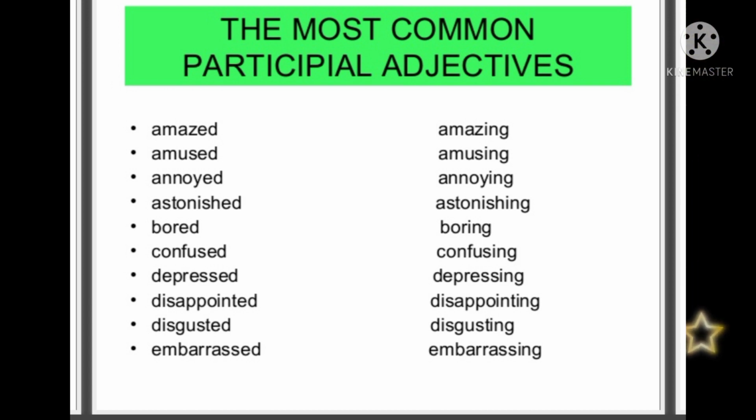The most commonly used participle adjectives are given here: amazed and its -ing form, amused, annoyed, astonished, bored, confused, depressed, disappointed, disgusted, embarrassed. Please remember, children, when it is used as an adjective, just after this there will be a noun; then only it will become an adjective, otherwise it will be a verb. So please don't be confused between verbs and adjectives.